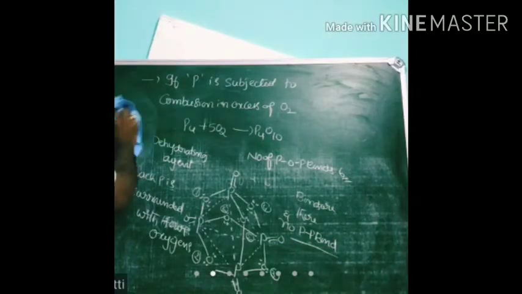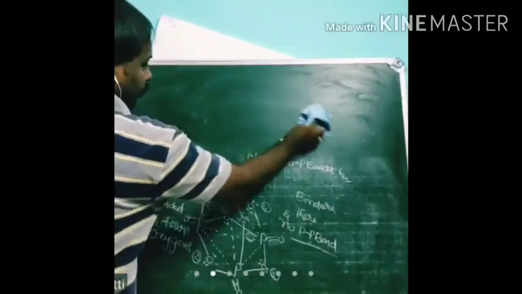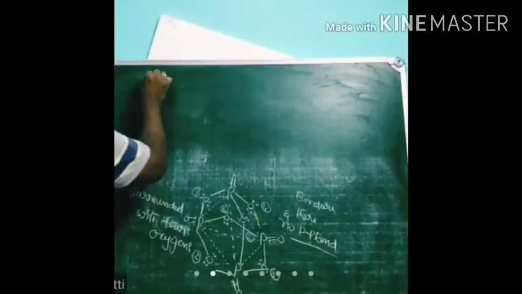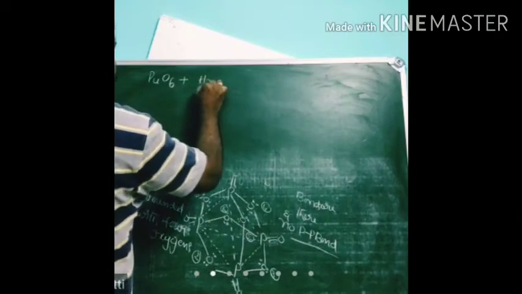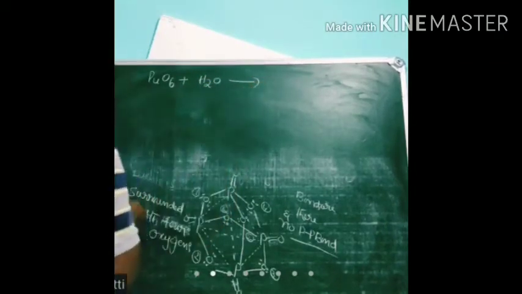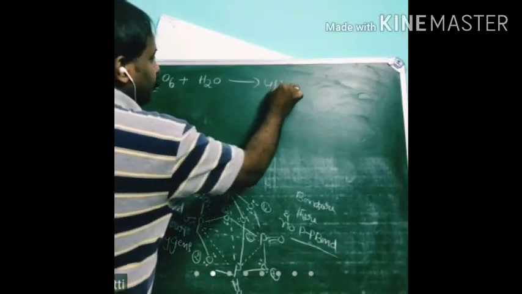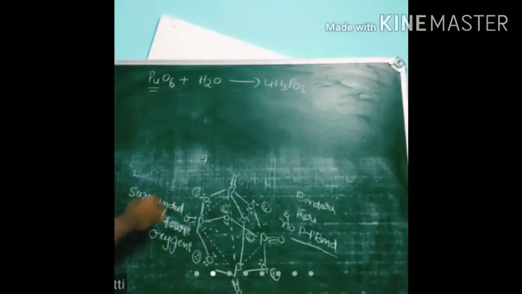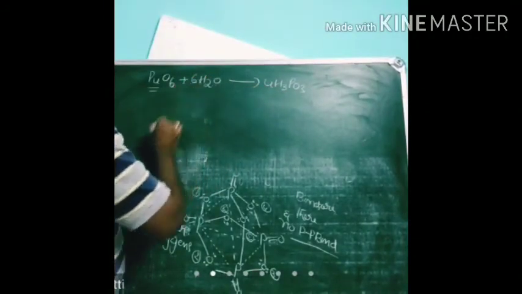Next, when P4O6 is subjected to hydrolysis, important, then we will get 4 moles of H3PO3. In H3PO3, 4 into 3, 12 hydrogens are there, you can take 6 H2O.